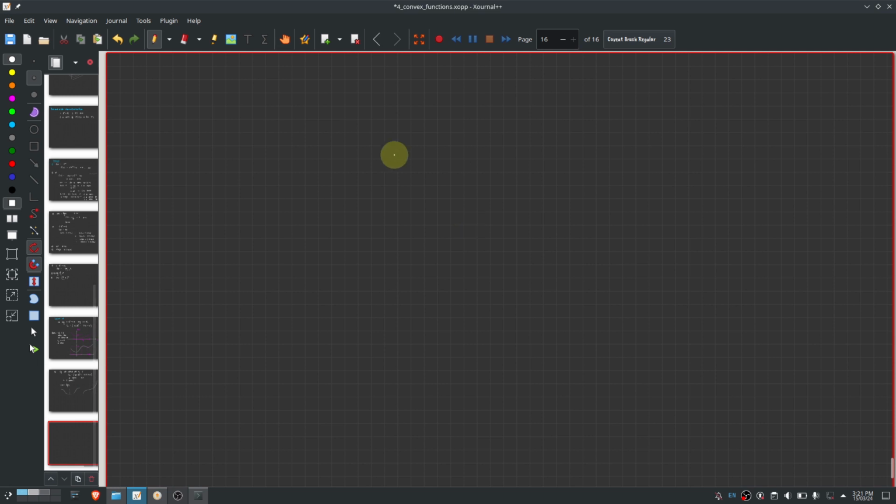Another function, another set that again we've seen before is what I call the epigraph. So if I have a function from Rn to R, the epigraph of f is a set in Rn plus 1.